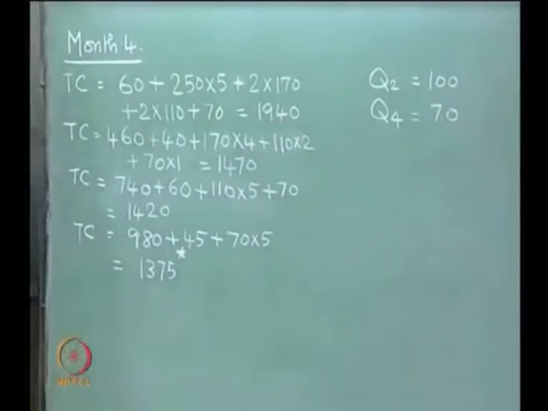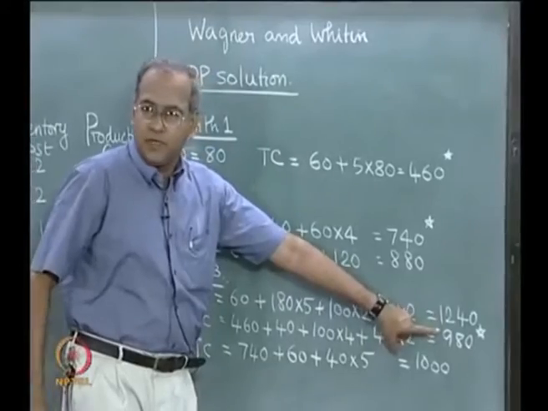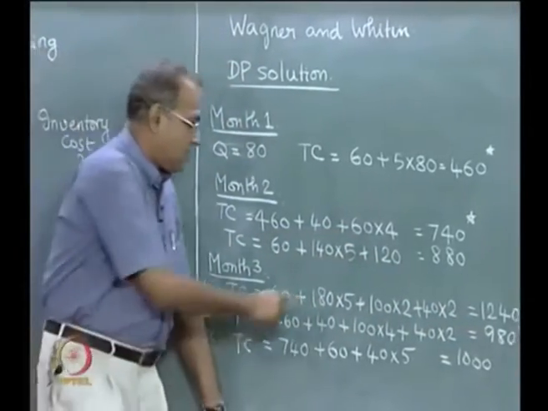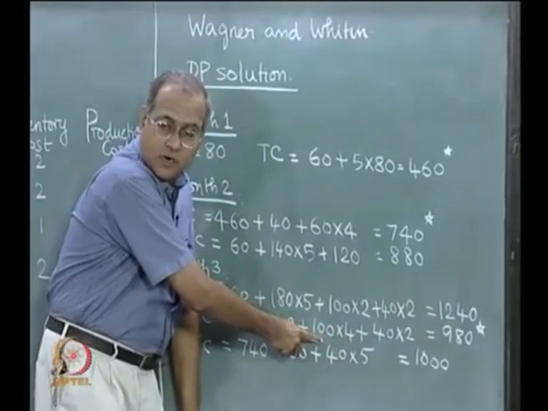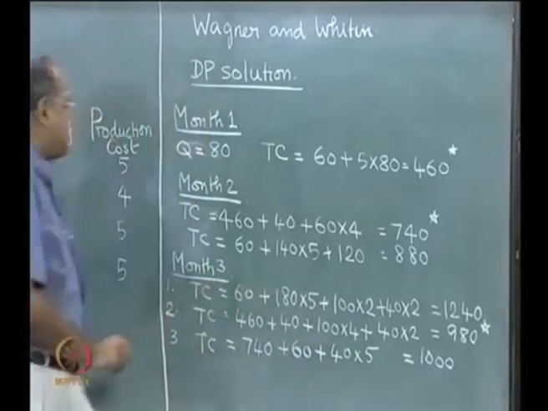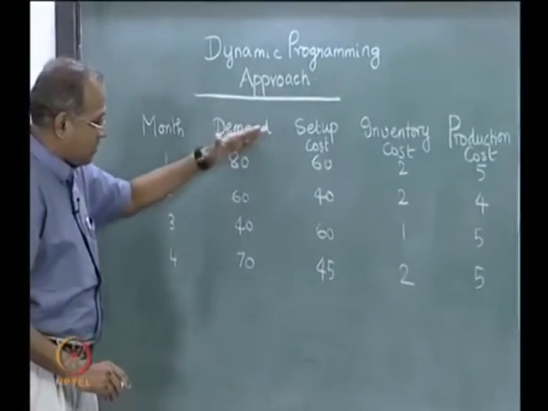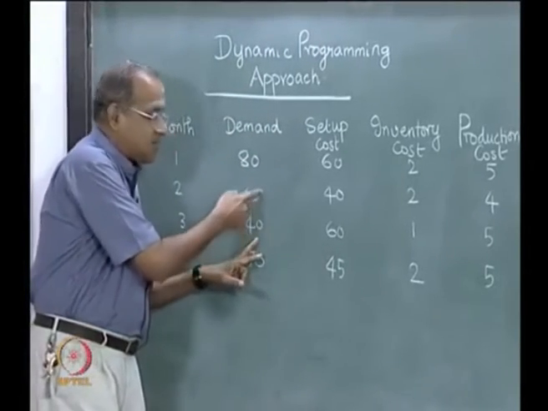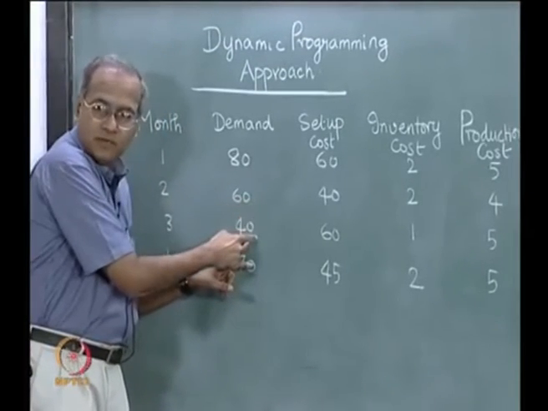Let me explain how I got that 100. Now, the moment we are here, we are going to see the production quantity at this point. This is the production quantity, 100 into 4 is the production cost. So, 100 is the production quantity. I am somewhere here, up to this I have solved optimally, and I realize that my production quantity is 100, which means I am producing here 60 plus 40.